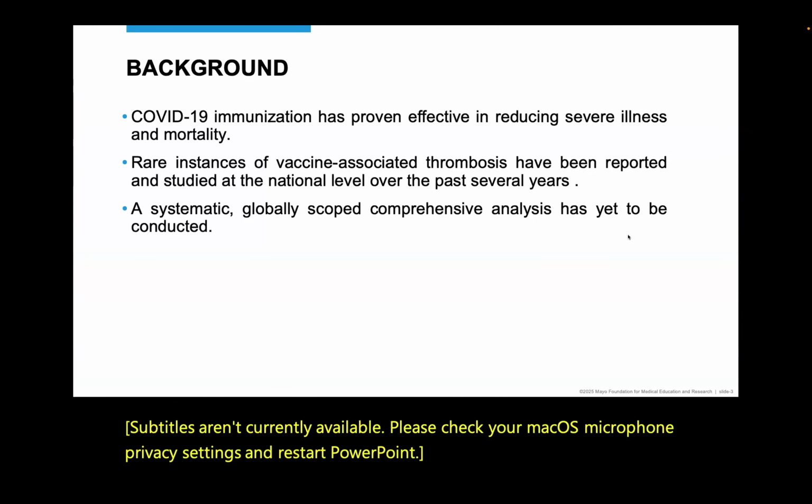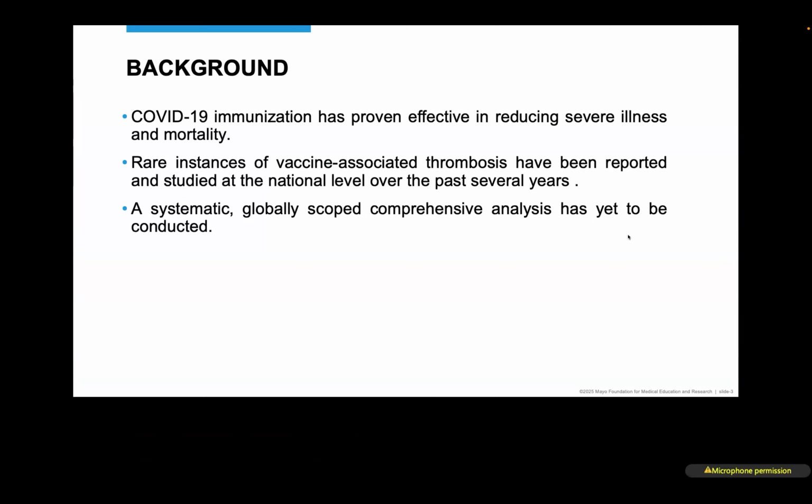In the past 4 years, COVID-19 immunization has proved effective in reducing severe illness and mortality. And we find that at the national level, rare instances of vaccine-associated thrombosis have been reported and studied in the past several years.